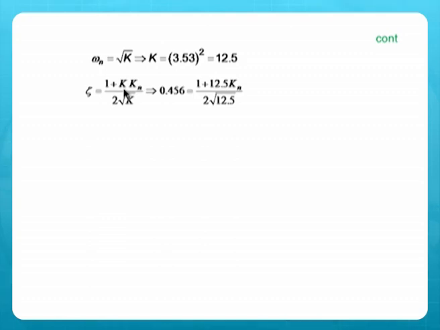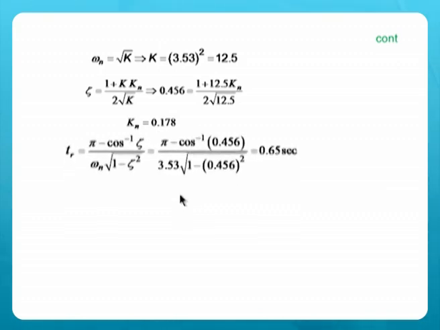K is known, zeta is known. Calculate now kn. So kn is 0.178. So this is the way to obtain k and kn, some constants, in problems of mechanical rotational systems.